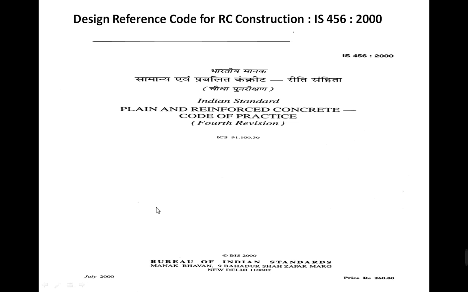This is very helpful, because if I use IS 456, then you have to solve a number of equations, so it will take time. In SP16 the charts and tables are prepared from IS 456, and using those charts, tables and graphs, we can easily design.